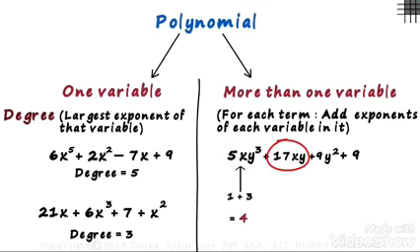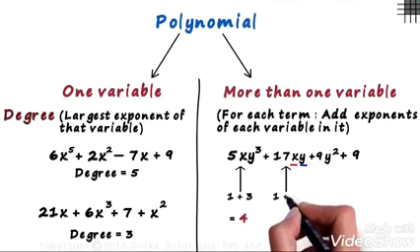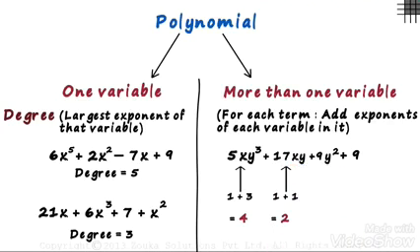Now we come to the second term. There are two variables, x and y, and each of them has an exponent equal to 1. Adding the exponents, we consider the exponent of this term to be 1 plus 1, which equals 2. In the third term, we have just one variable. Its exponent will just be 2.